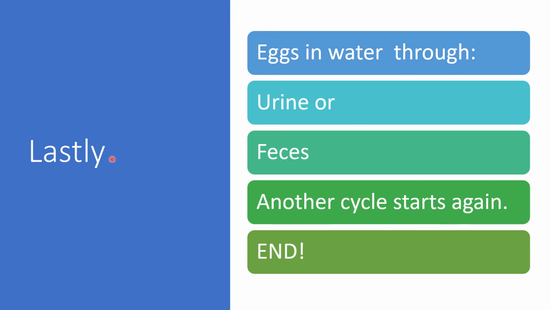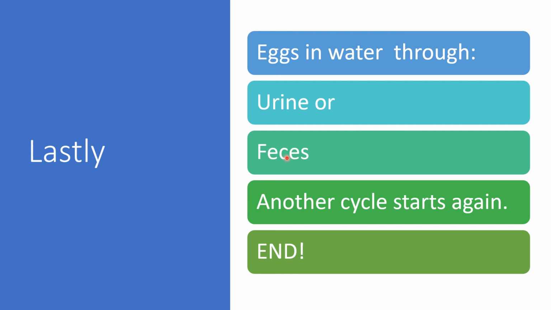Lastly, this life cycle could either continue or end based on whether the eggs will be found in water, particularly fresh water, through urine in the case of Schistosoma haematobium, or feces in the rest.